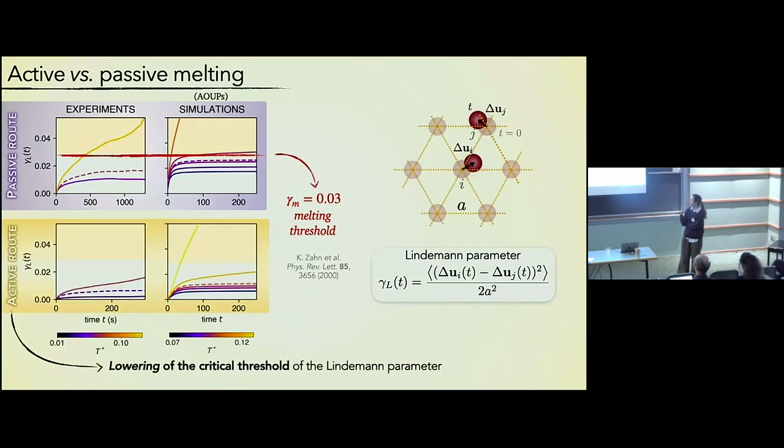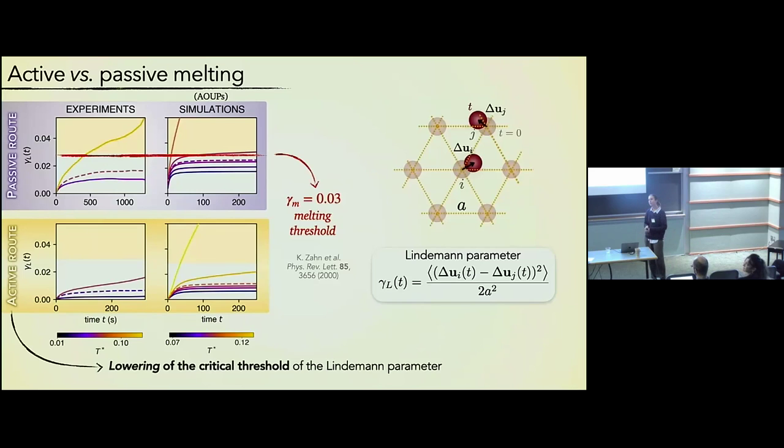However, if we do this through the active route, we surprisingly find that the melting threshold is much lower, both in experiments and simulations, and that the system starts to diffuse away at parameters much lower.